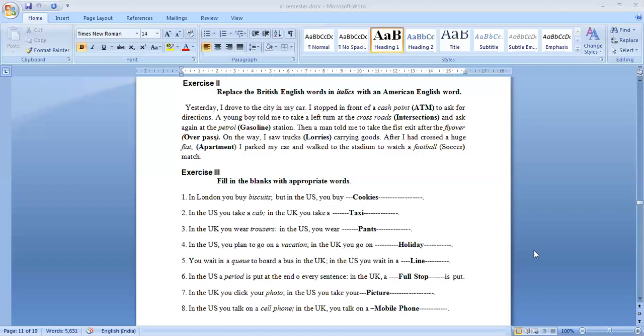British people call it football, the game, the sport, but Americans call the same game soccer instead of football.